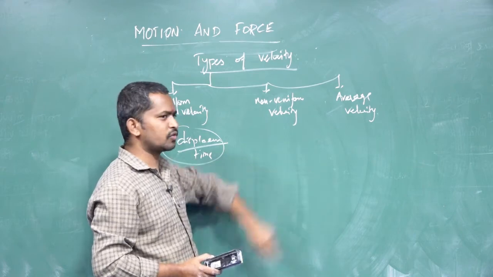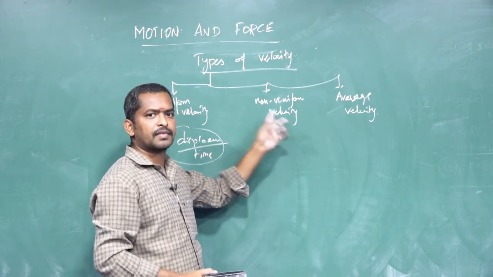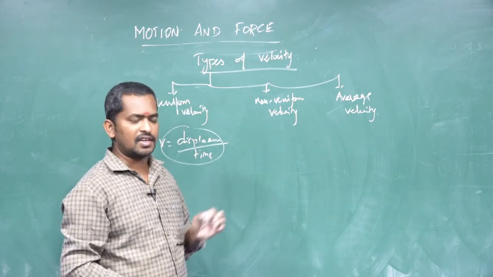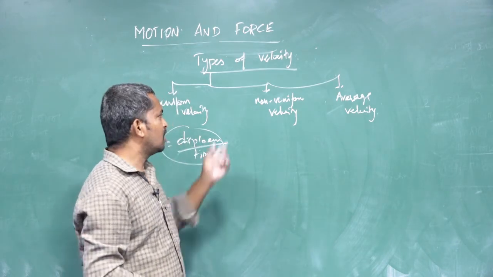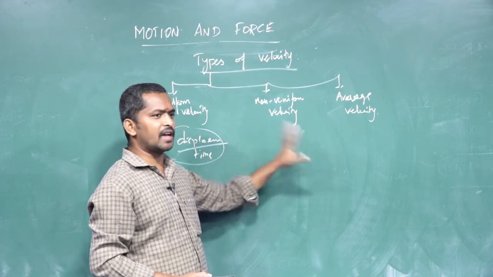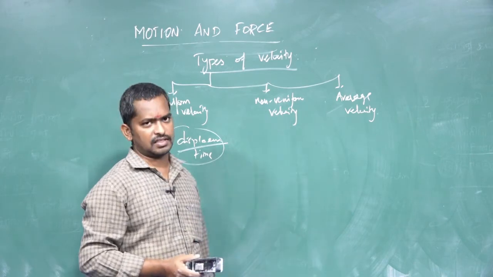Sometimes the direction also changes. If the magnitude of velocity or the direction changes, this is also non-uniform velocity. Not only displacement and time, direction is also very important.